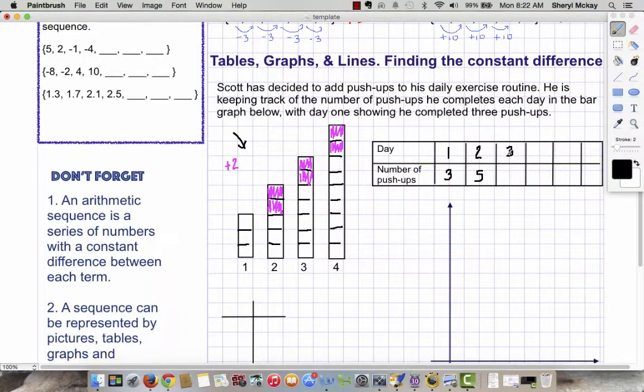On day 3, he did 5 push-ups plus 2 more, which is 7. And on day 4, he did 9. How many do you think he did on 5 and 6? Go ahead and fill those in.